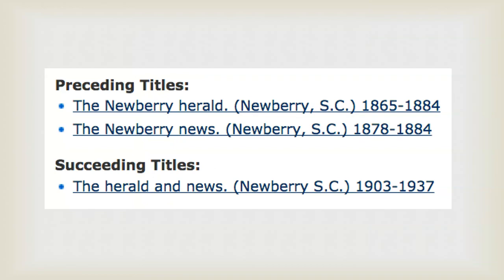In fact, the Herald and News was two separate newspapers, one called the Newberry Herald, published as early as 1865, and another called the Newberry News, published in 1878. Those two were merged together in 1884, and then in 1903, for whatever reason, the decision was made to drop the name Newberry from the title. It was simply called the Herald and News, even though it was still being published in Newberry, and it did that from 1903 to 1937.